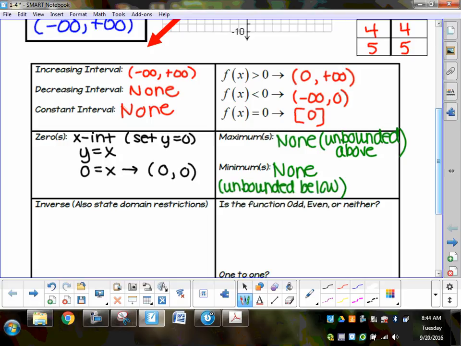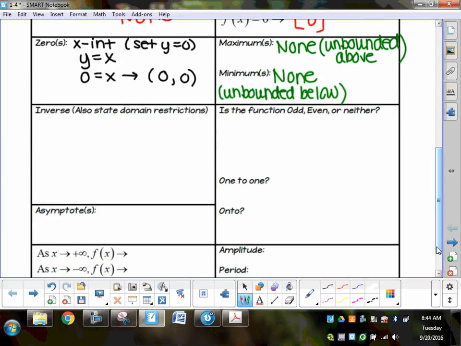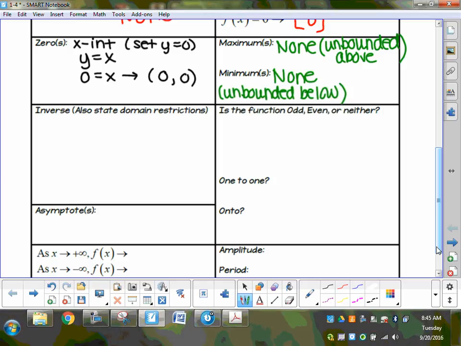Questions on that? Now, inverses, which we're actually doing today, constitute about 6 to 8% of the Common Core exam. Is the function odd, even, or neither? Well, we haven't dealt with that yet, but we have dealt with these two things. Who remembers what an onto function is? Does anyone recall from last time what an onto function is? I'll tell you this.